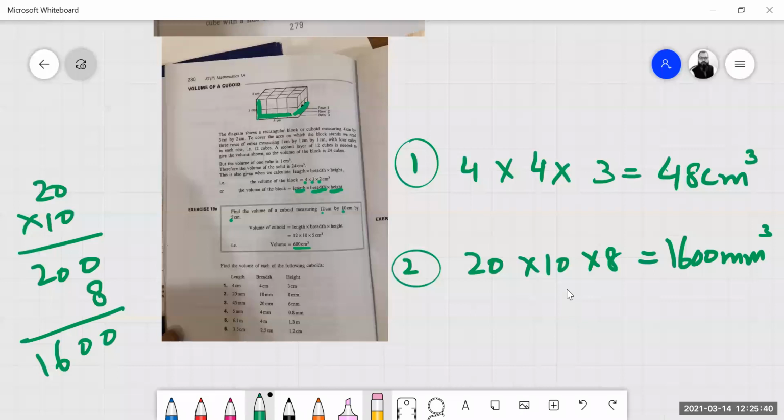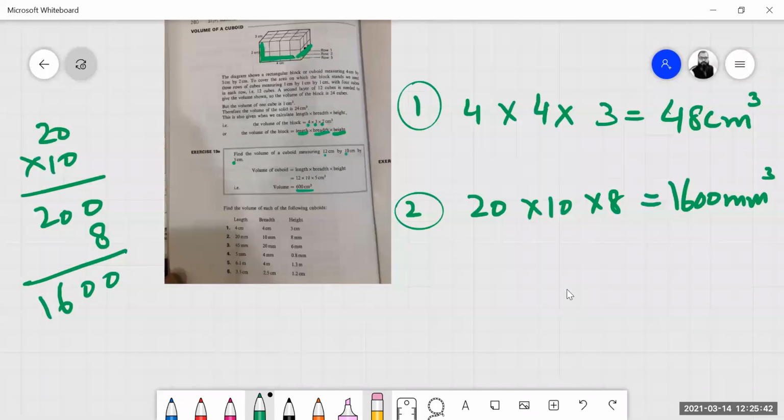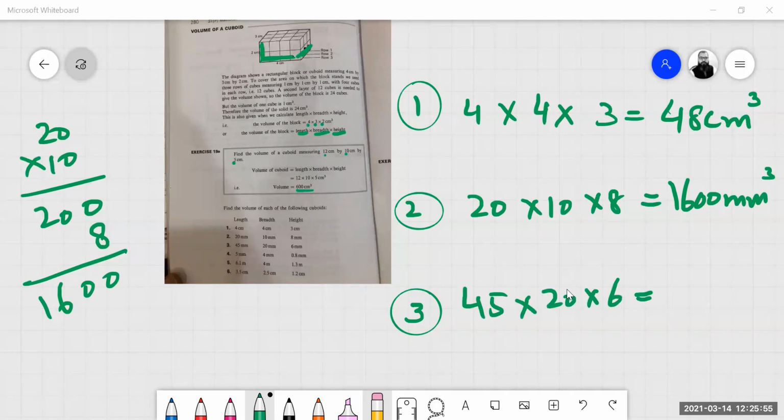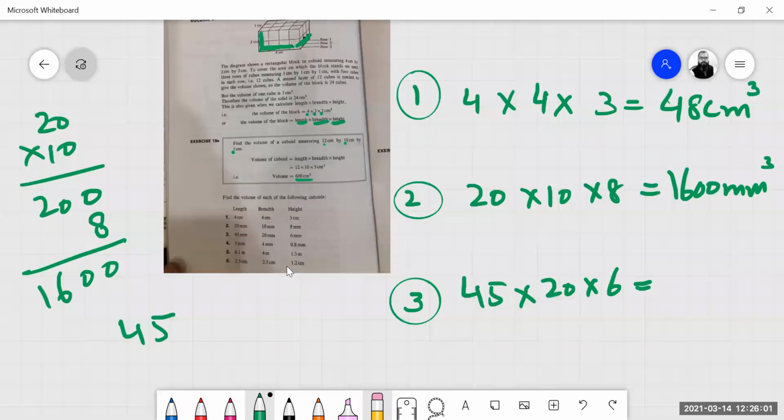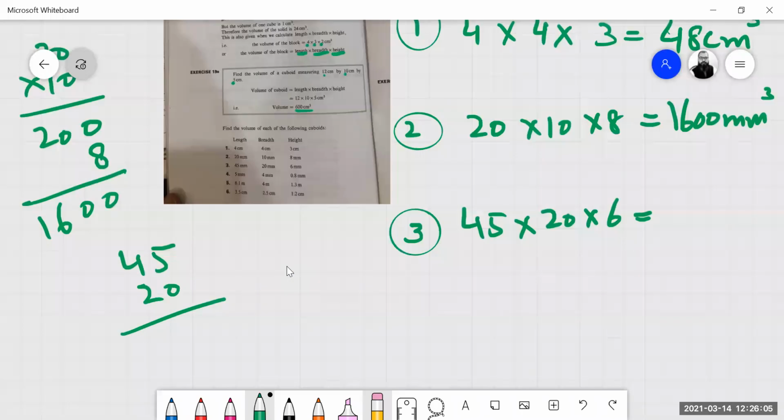Okay, now question number 3: 45 millimeters, 20 millimeters, 6 millimeters. 45 by 20 by 6. So 45 multiply by 20, what will be? 900.